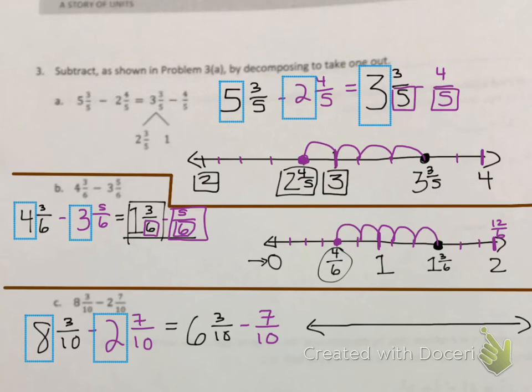All right, I'm making the number line, and 6 is our whole, so I'm going to put 6 in the middle. I'm going to put 5 whole, and then 7 whole.